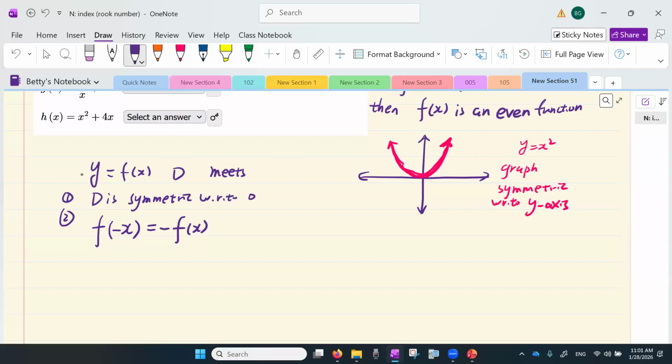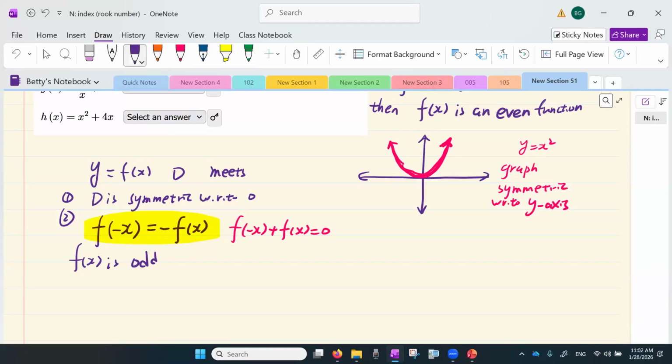It's different, right? f of negative x equals negative f of x. Then the function f is odd. You can understand this condition as f of negative x plus f of x equals 0, if that helps you to remember. Same thing.